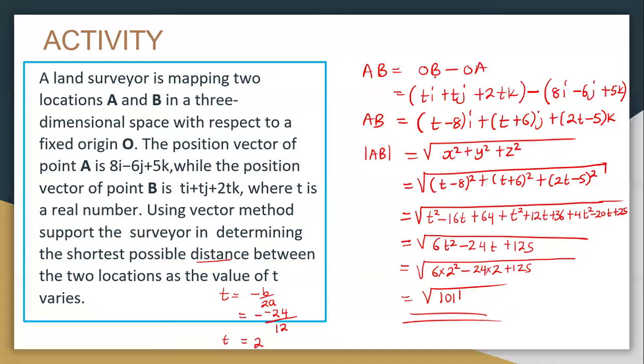Okay. Let me pick on Imran. Yes, Imran. Excuse me, sir. I'm inquiring, because according to the question, they want us to find the shortest possible distance. Aren't we supposed to end on getting the magnitude of AB? Because I think when we continue, we are getting only the minimum distance.